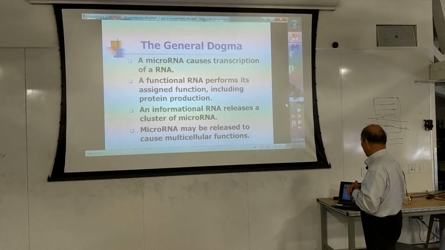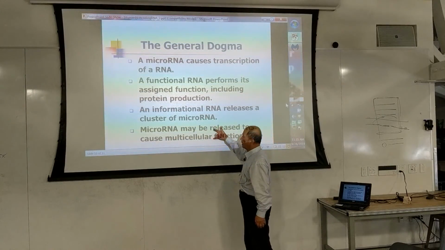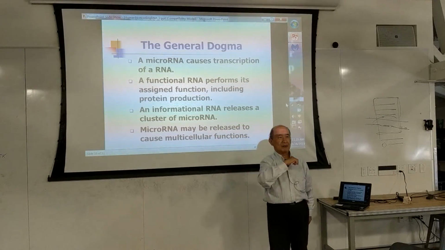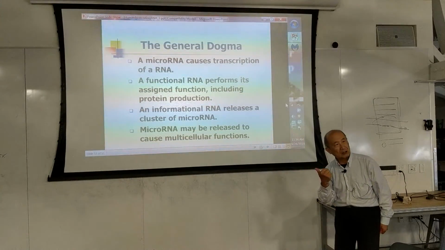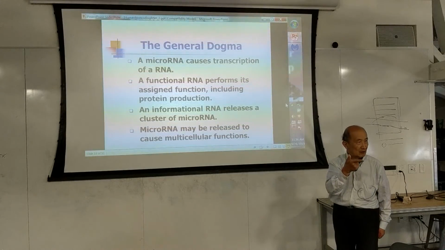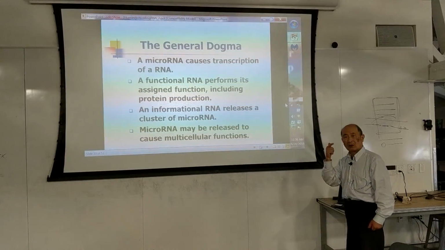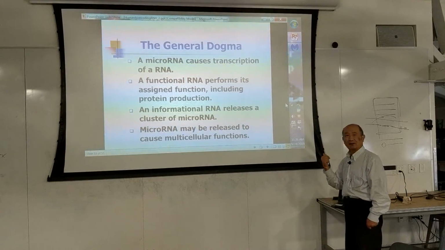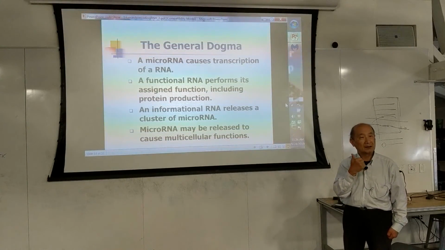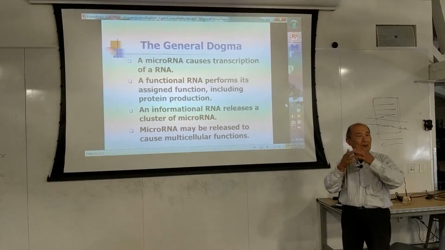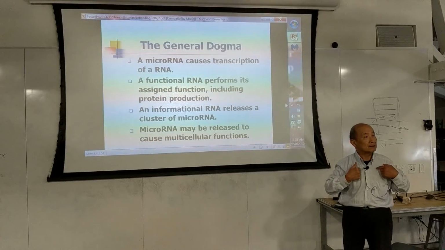Another very important thing is that microRNA can be released out of a cell and go into other cells, which would coordinate multicellular functions. This has to explain how we operate. We have billions of cells in a body, and the functions of those billions of cells are coordinated.